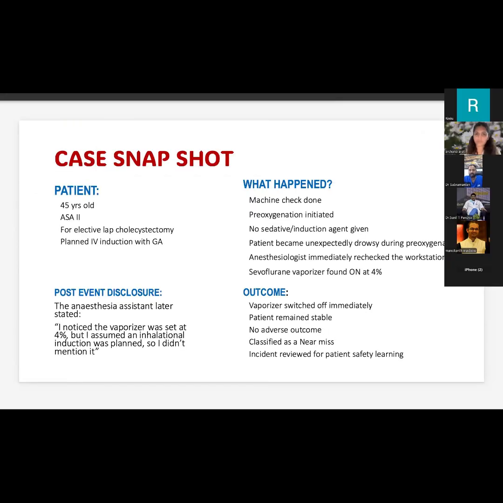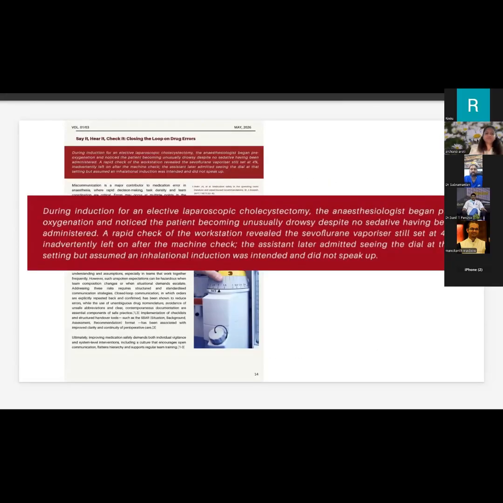So the case scenario goes like this. During an induction for an elective cholecystectomy, the anesthesiologist began pre-oxygenation and noticed the patient becoming unusually drowsy despite no sedative having been administered.